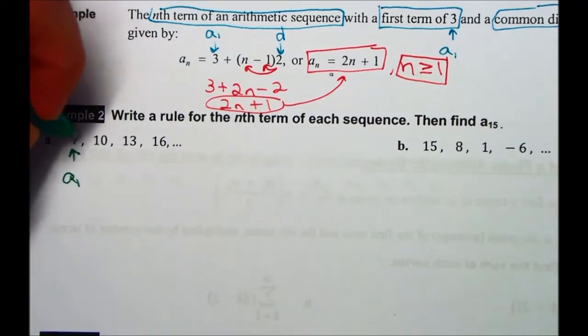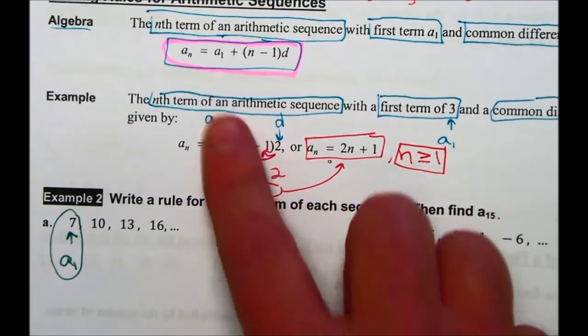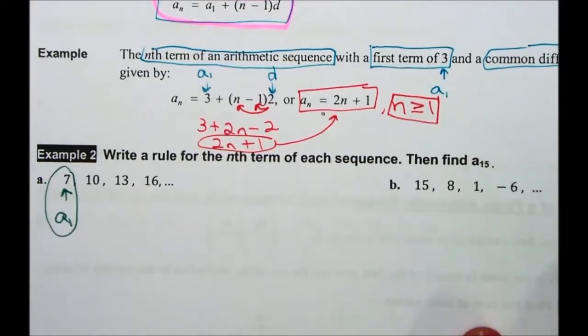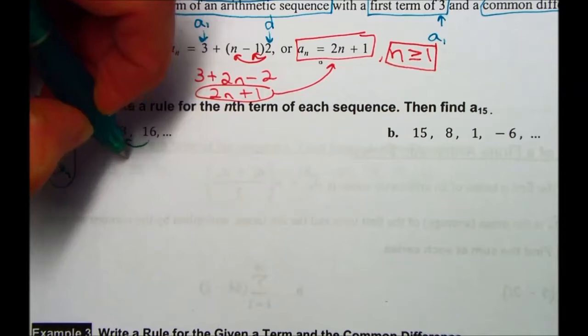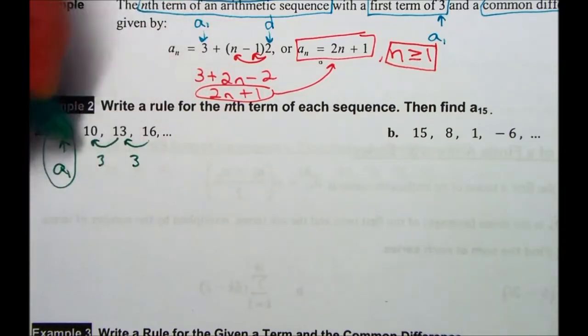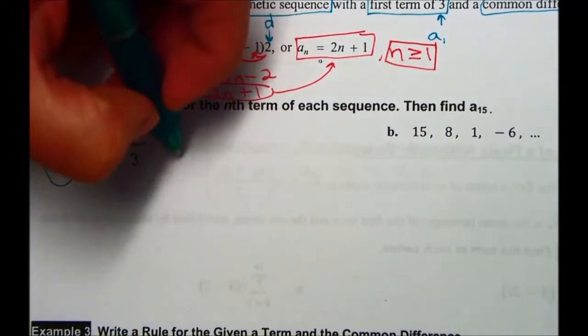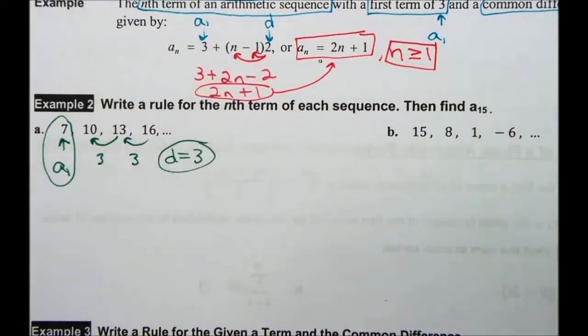To find d, you just subtract right to left. So 16 minus 13 is 3. 13 minus 10 is 3. 10 minus 7 is 3. So common difference, d, equals 3.